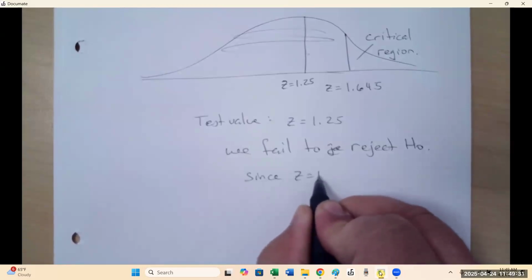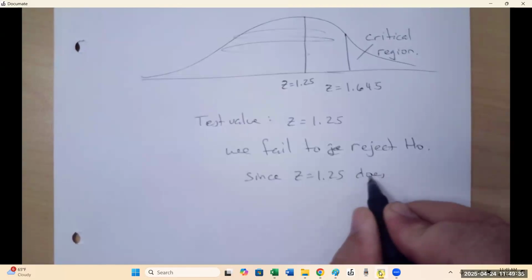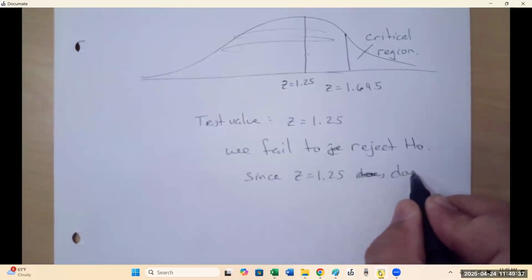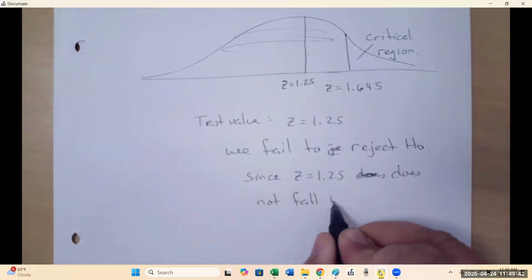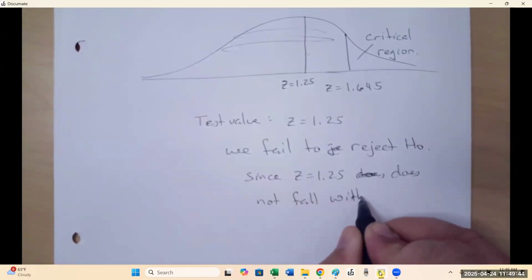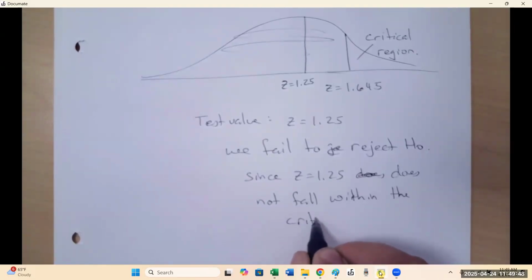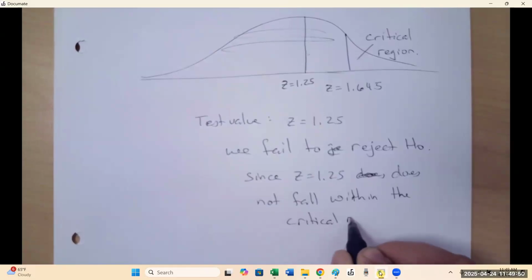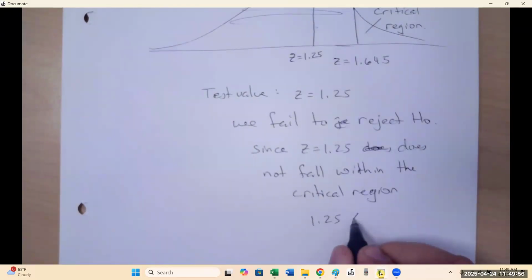Then Z equals 1.25 does not fall within the critical region. In other words, 1.25 is less than 1.645.